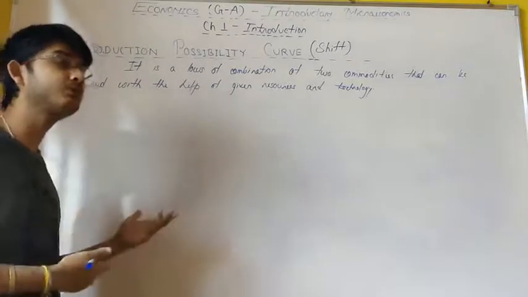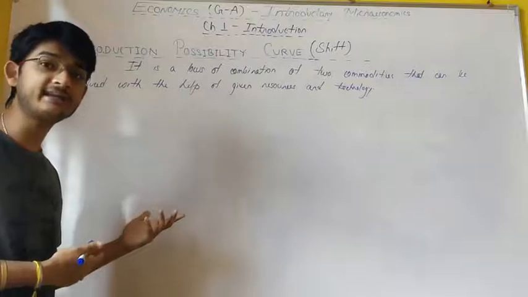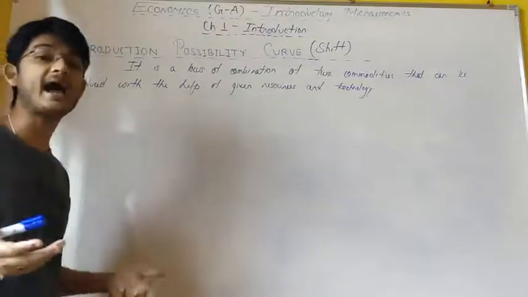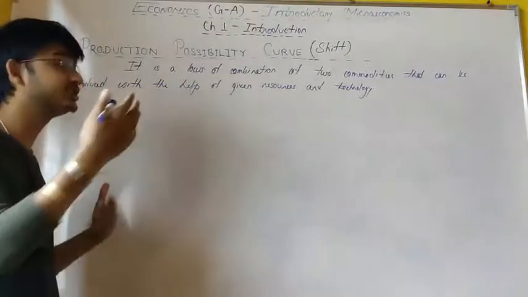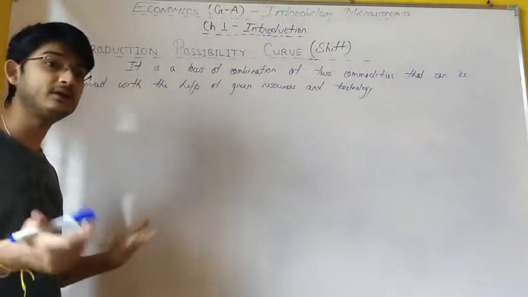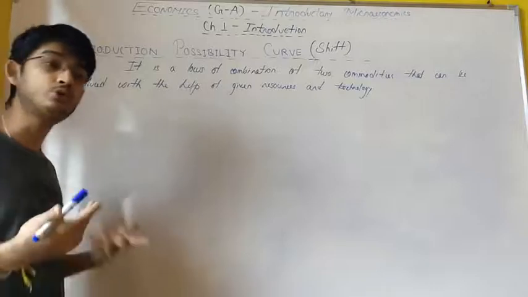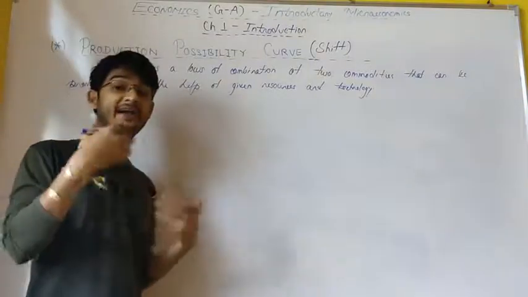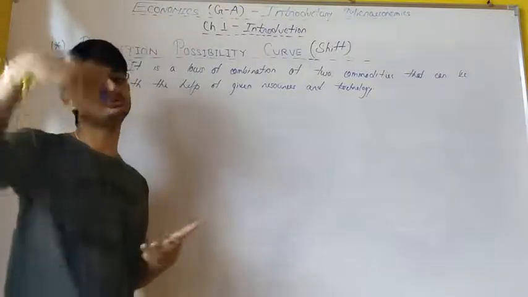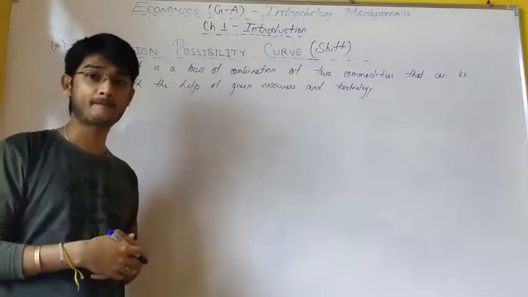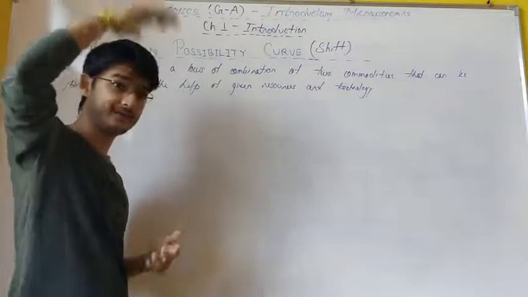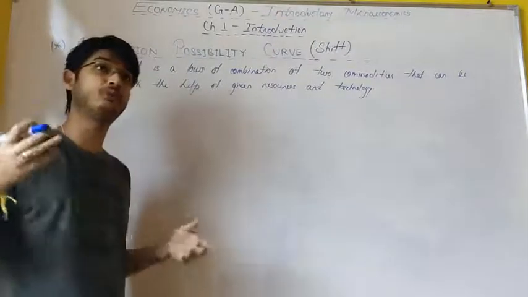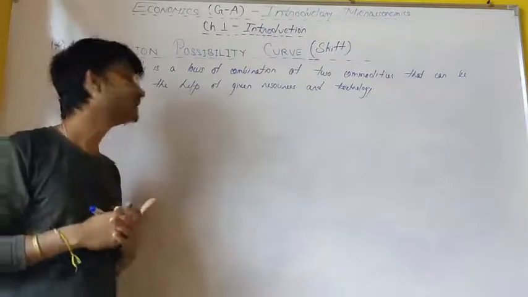In our last video we saw there are some unattainable combinations lying outside the PPC. So whenever the PPC shifts, we can attain those combinations too. We cannot attain all of those combinations lying outside the PPC, because outside the PPC there are so many points. We cannot reach every one of them, but we can at least reach some of them.